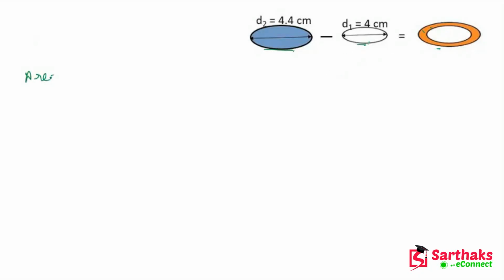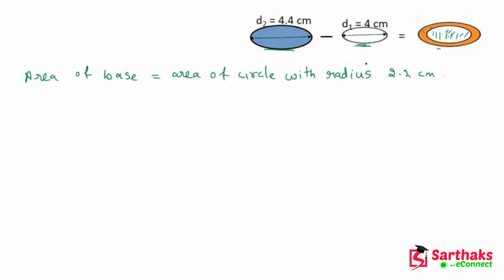So area of base equals area of circle with radius 2.2 centimeter, because this is the empty space, we need not find the area of this part, so we subtract it. This is the hollow part, that's why we are subtracting like this.